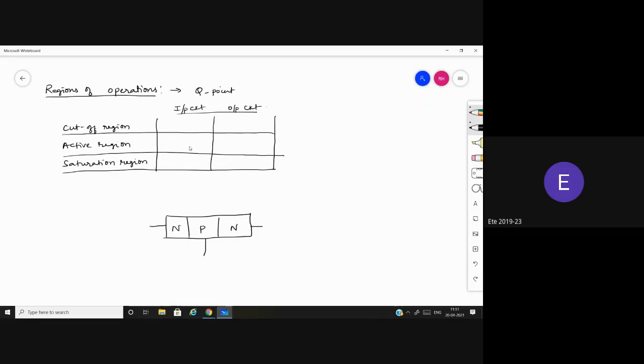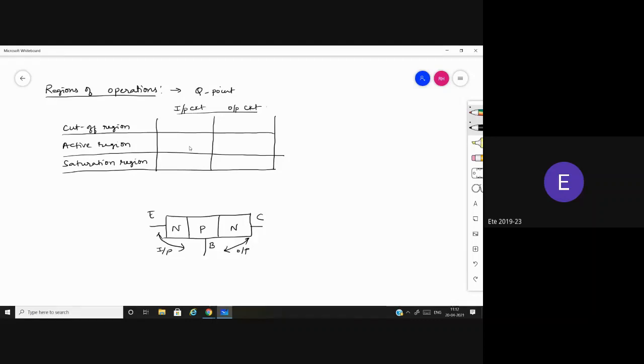Can anyone tell me in which mode I have kept this transistor right now? This is the input part. Common base, sir. Yes, now I have kept this in common base configuration, and this is the input part, and this is the output part.